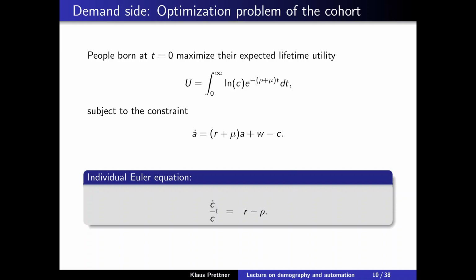And saving means nothing else than consuming less today and more in the future, which means a steeper consumption growth profile, a positive consumption growth profile. If, by contrast, the discount rate is higher than the interest rate, financial markets cannot compensate me for my impatience. I will try to consume a lot now and less in the future, so I will have consumption expenditure growth that is negative. I will have decreasing consumption expenditures because I spend my assets and have fewer consumption possibilities in the future.